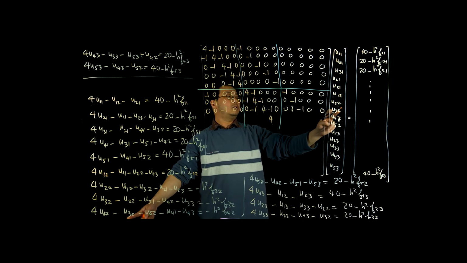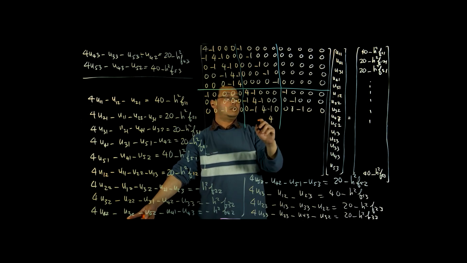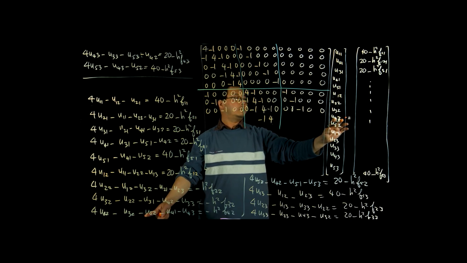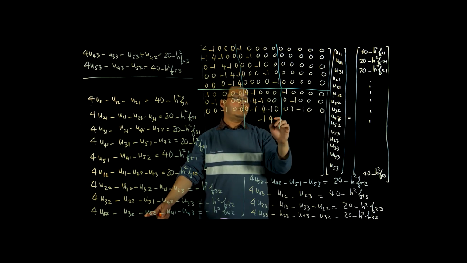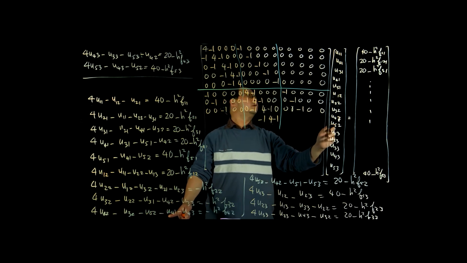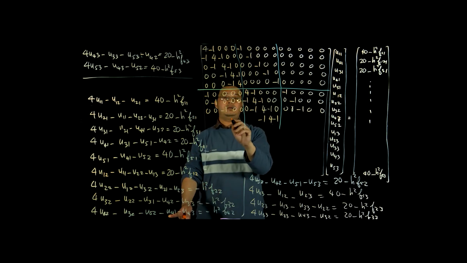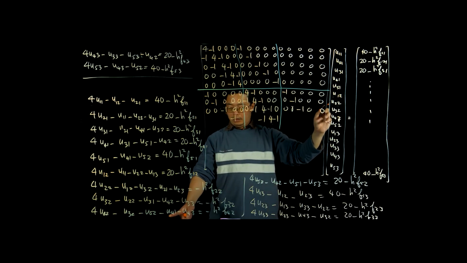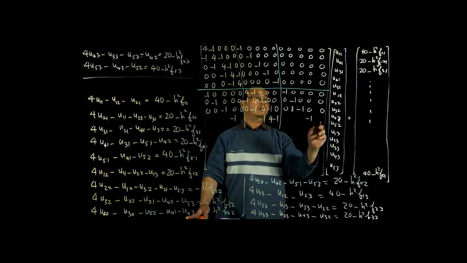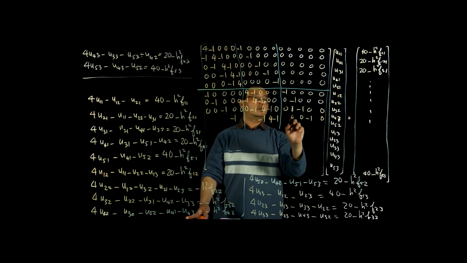So minus U32 is here, yeah. And then minus U52. So minus U52 is here. Okay. And then minus U41. So minus U41 is here, yeah. Then minus U43. So minus U43 is here. Okay, and then the rest just equals 0.